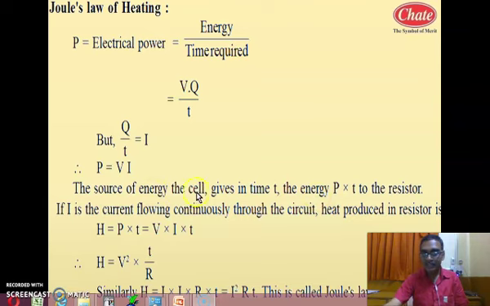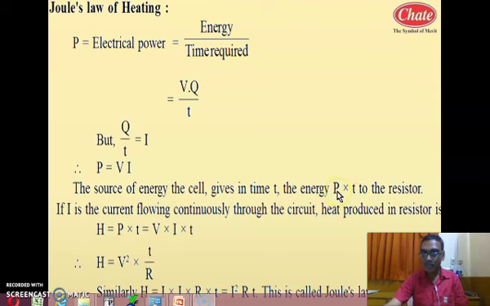Here the energy given by the cell is nothing but power into time. So once again, the source of energy, the cell, gives in time t the energy P into T to the resistor.